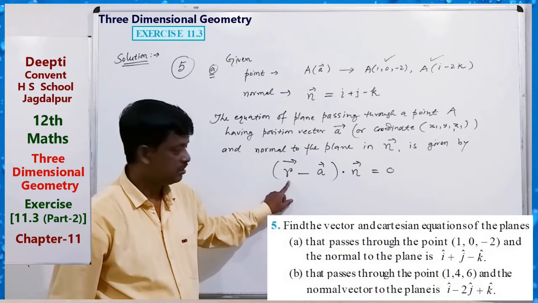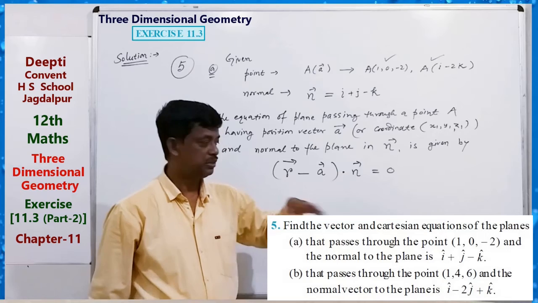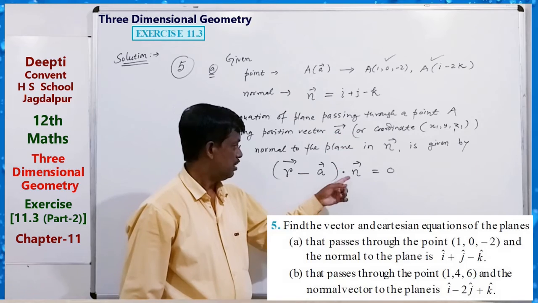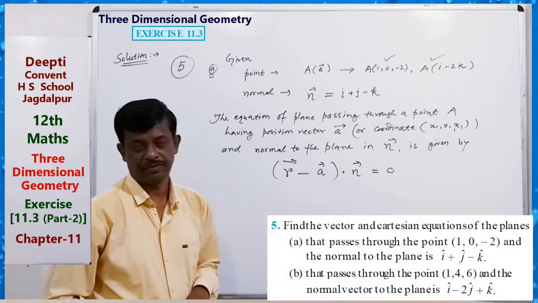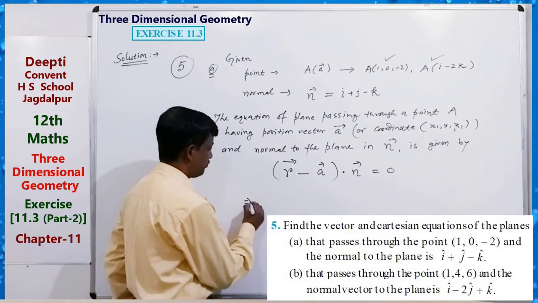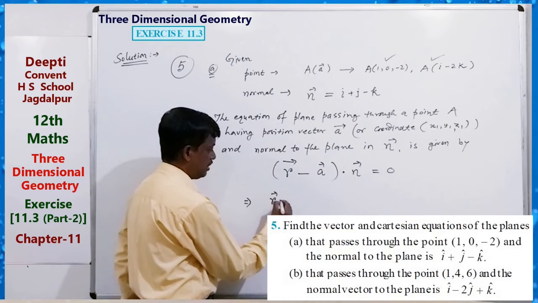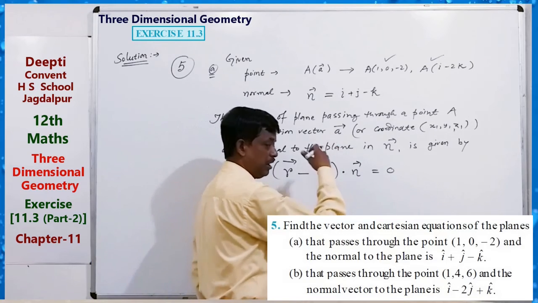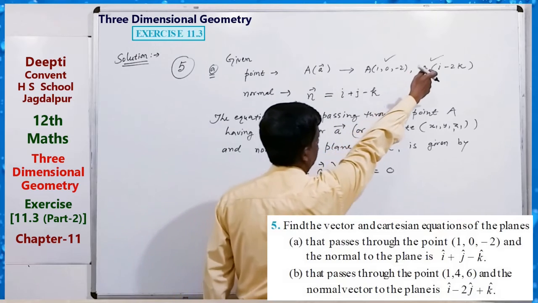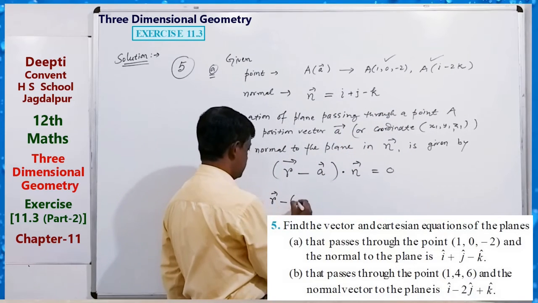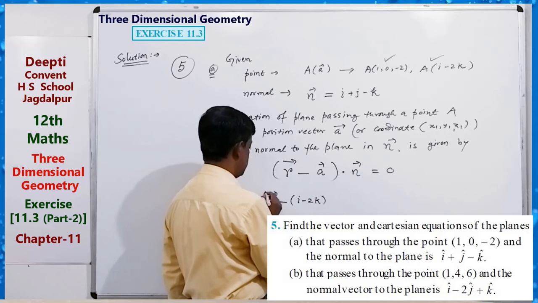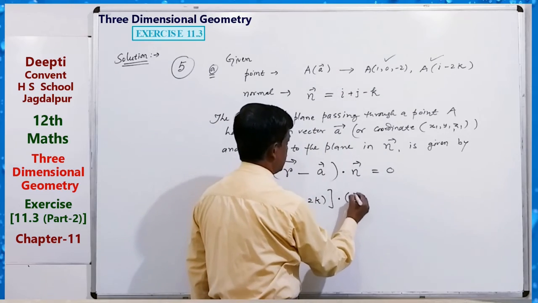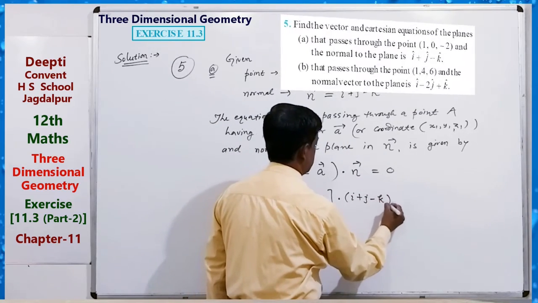R is an arbitrary point on the plane, A is the position vector of the point through which the plane passes, and n is the normal to the plane. So we can write r minus A, having position vector I minus 2k, dot n vector, which is also given as I plus j minus k, equals 0.